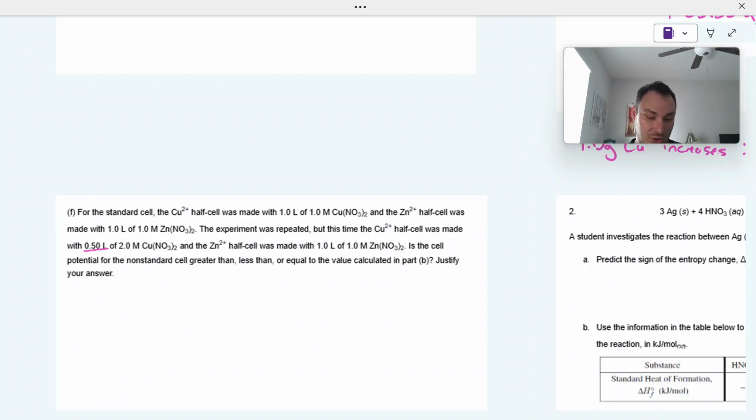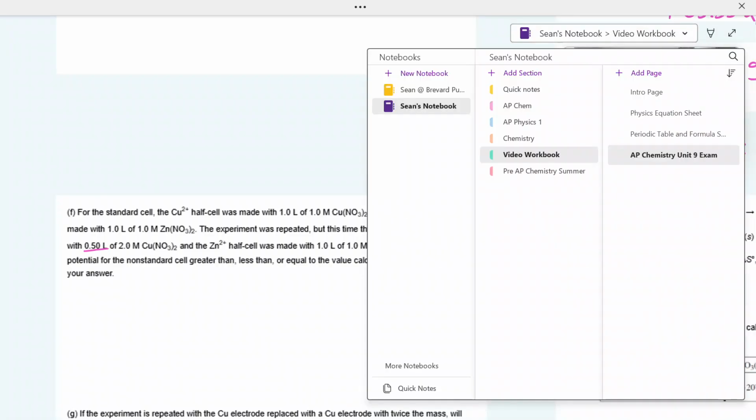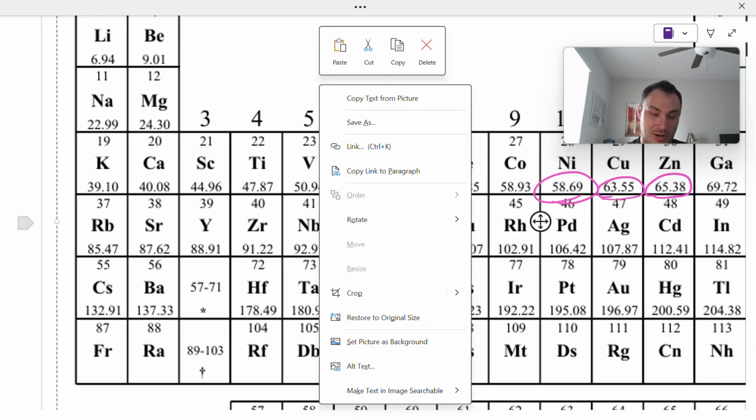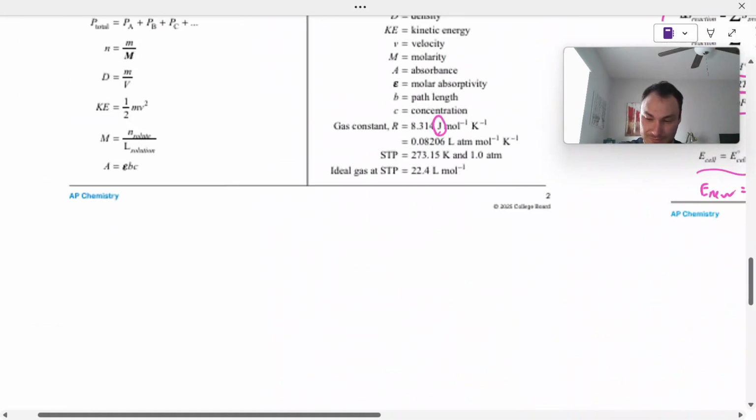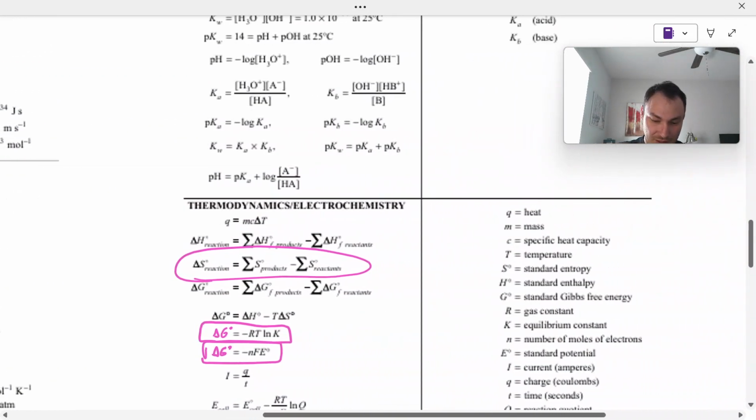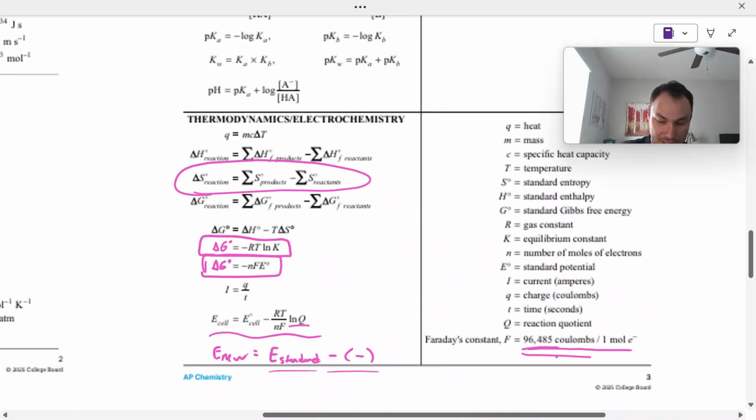Is the cell potential for the non-standard cell greater than, less than, or equal to the value calculated in part B? Okay, there's an equation that's going to help us with this. The equation on the equation sheet that helps us with this is the one that compares delta E to Q. We're looking at this equation right here.